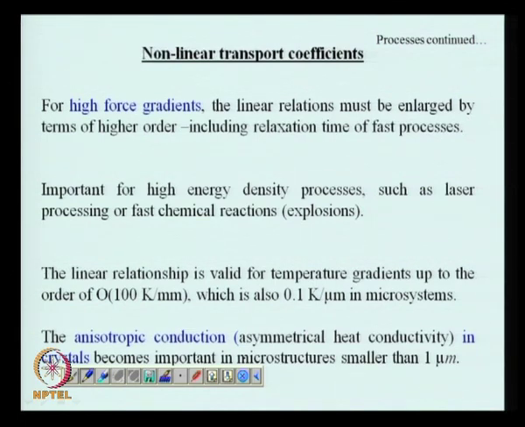For example, if we think about conduction in a crystalline substance, then it may so happen that at small scale the thermal conductivities at different directions, different planes of the crystals are different. So, anisotropic heat conduction in crystals needs to be incorporated into Fourier's law so as to find out the total amount of conductive heat transfer in such small systems.